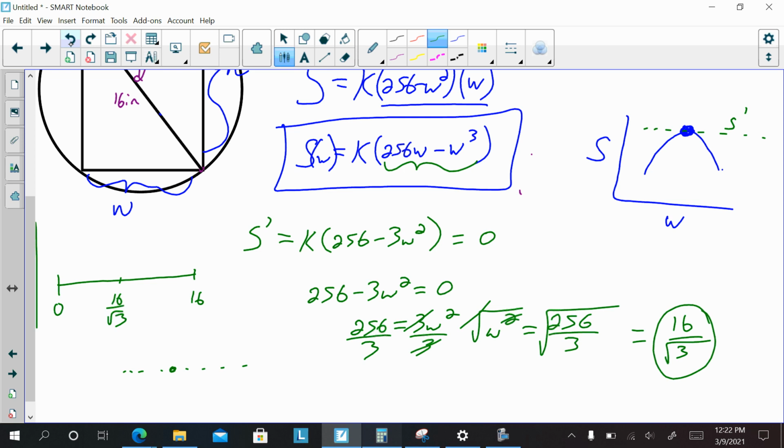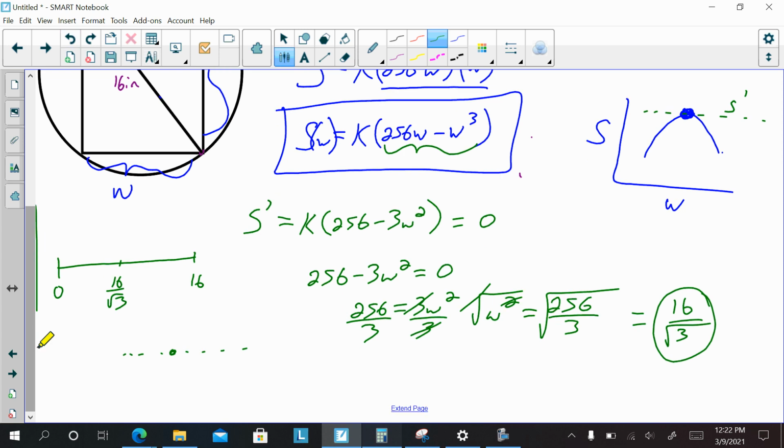So I'm just going to do it that way. If we take our second derivative, K is still a constant out front, a positive constant because our strength is a positive value. If we take the second derivative here, the derivative of 256 is 0. The derivative of minus 3W squared is minus 6W.